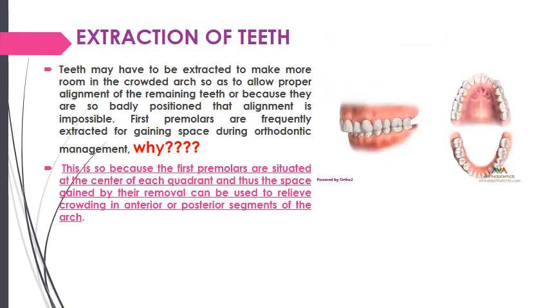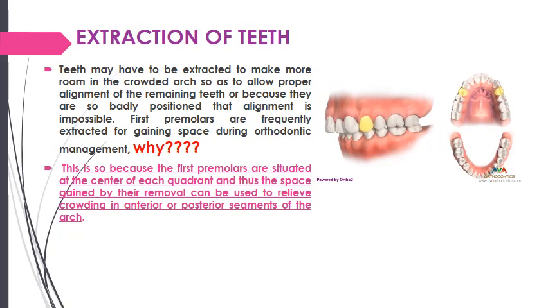Okay. The method of creating space is by extraction of teeth. Sometimes the only choice to relieve the crowding is by extracting certain teeth to align the others, especially in those crowded arch due to the teeth size arch length discrepancies. Or sometimes we need to extract the teeth because they are so badly positioned that their alignment is impossible.